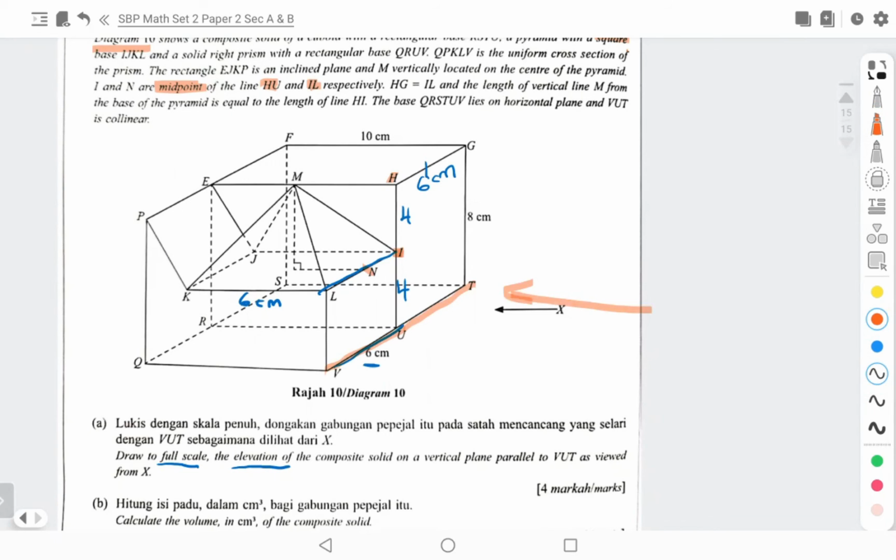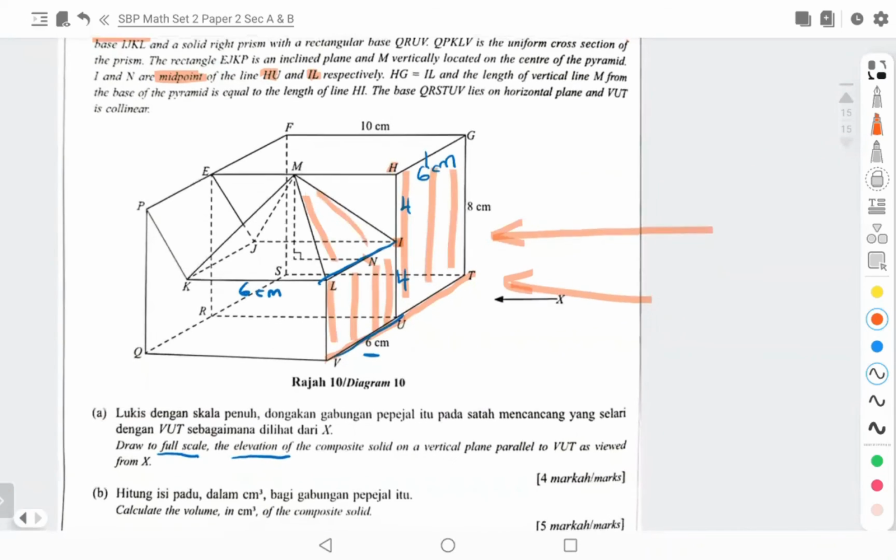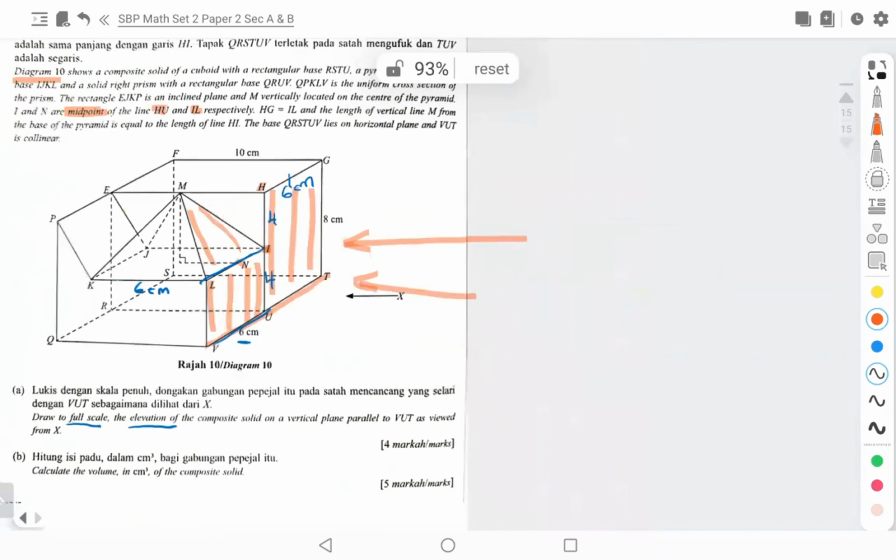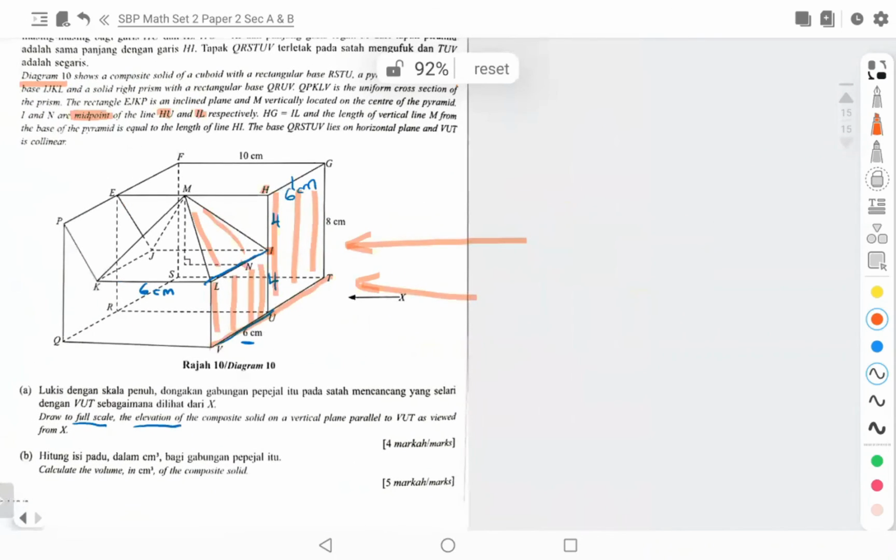So the tip would be, let's say you look from here, this is the surface you will see here, and also this inclined plane. Okay, but before we draw, you draw out the base first. You know what's the meaning of the base? It means at the back.